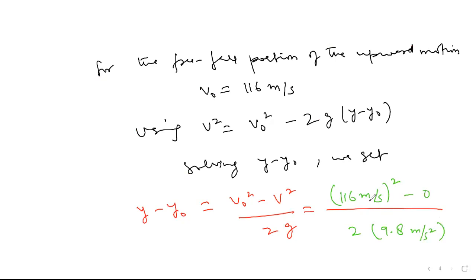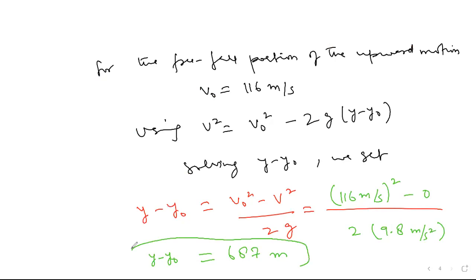So 116 meters per second whole square minus 0 over 2 times g, which is 9.8 meters per second square. Making the calculation, it is 687 meters.